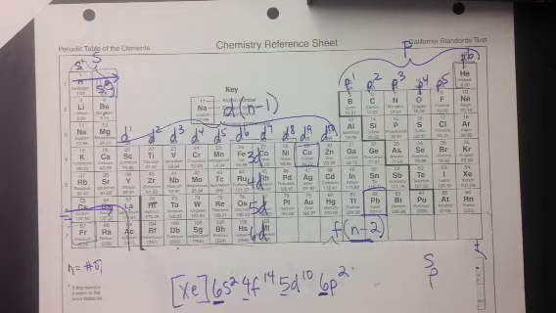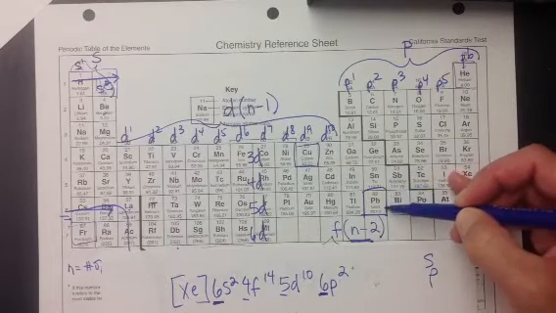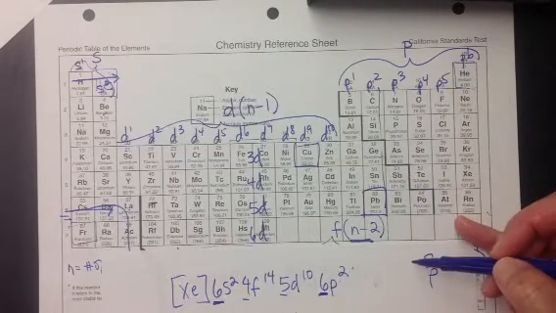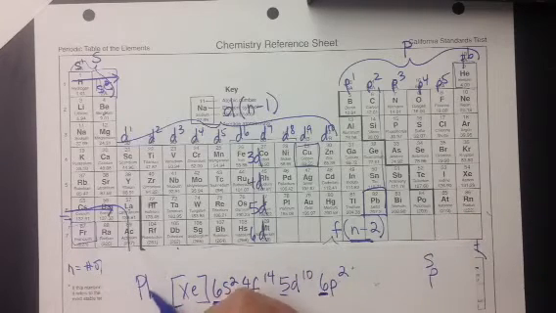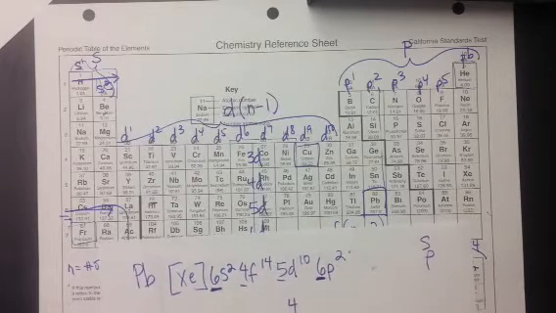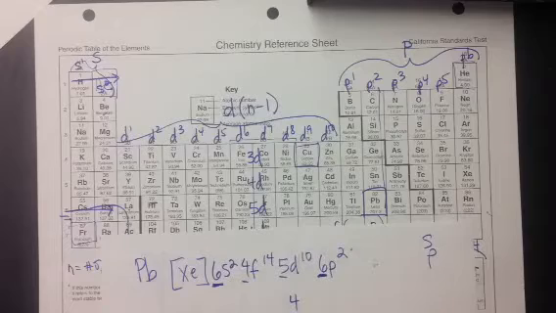So I need to add the s and p orbital electrons to figure out my number of valence electrons. So 2 plus 2 gives me 4 valence electrons, and if we look on our periodic table, it's in group 14, which has 4 valence electrons. So this is for lead, and it has 4 valence electrons because I've added my s and my p in my highest energy level.